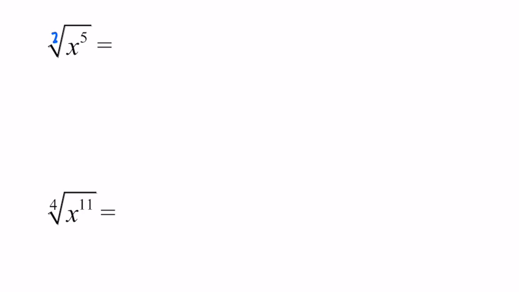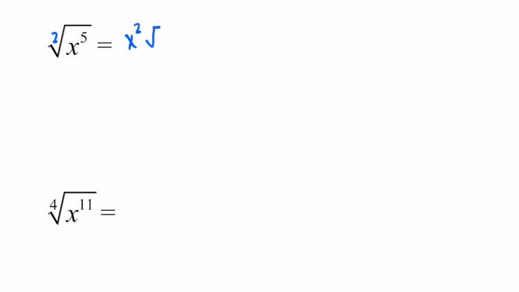The remainder is going to tell us what power of the variable will still remain under the root. For example, here 2 goes into 5 twice with a remainder of 1. Since it goes in there twice, we'll have x squared.